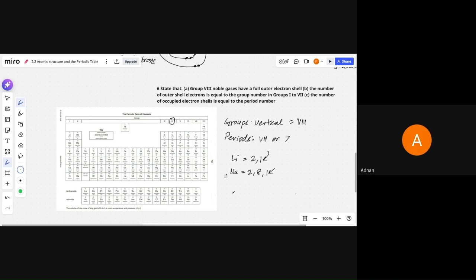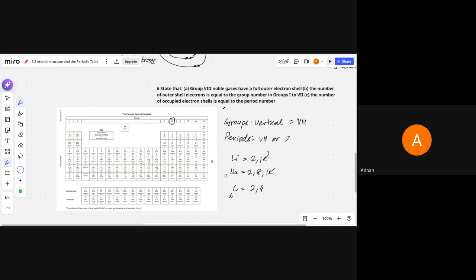Its atomic number, the proton number, is 6, so it has 6 electrons because it is a neutral atom and we don't see any charge. So 2 in the first shell and 4 in the second shell, matching group number 4. The group number will always be equal to the number of outer shell electrons.